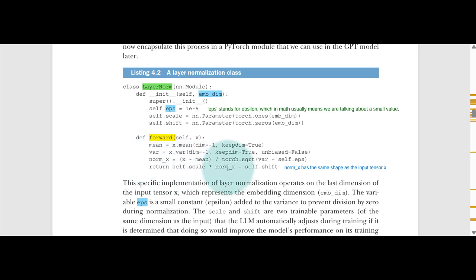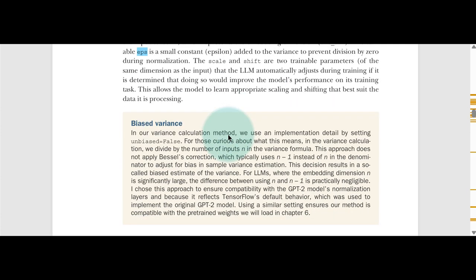He takes the normalized value and multiplies it by this thing called scale, plus shift, and he calls these trainable parameters. So I guess when you do the training, these numbers can be trained, and maybe that can improve your performance. I don't know, I haven't seen that before, but maybe some people have experimented with it and found it useful. Okay, but we're not going to go through that.